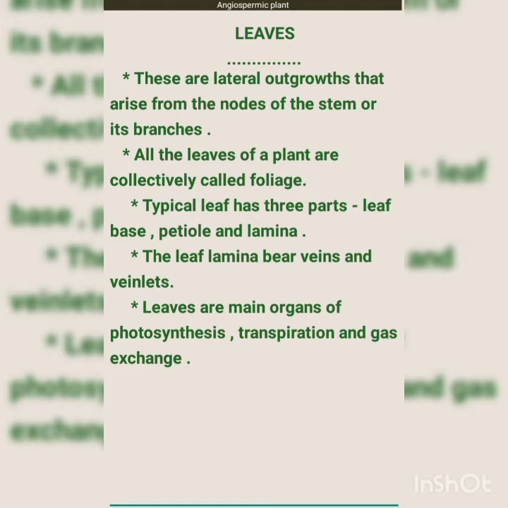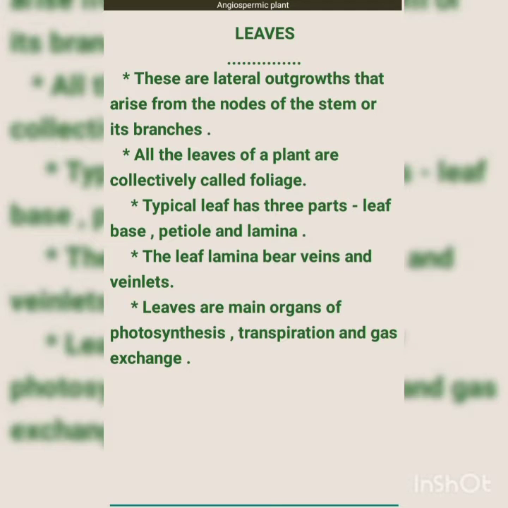A typical leaf has 3 parts: 1 leaf base, 2 petiole and 3 lamina. The leaf lamina bears veins and veinlets. Leaves are main organs of photosynthesis, transpiration and gas exchange.